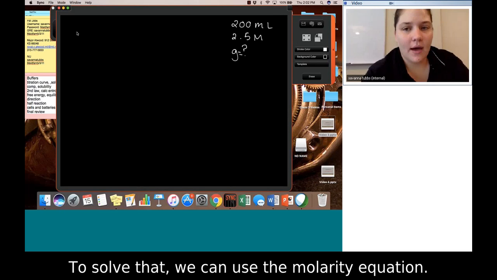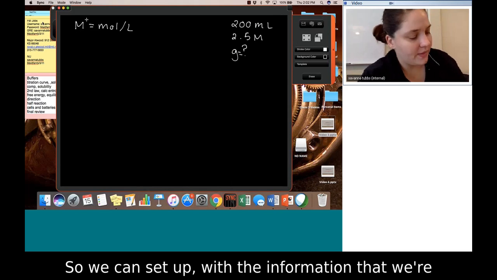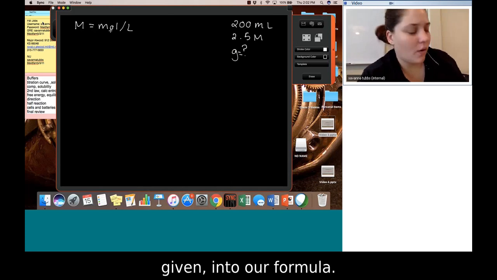To solve that, we can use the molarity equation: molarity, capital M, equals moles divided by liters.